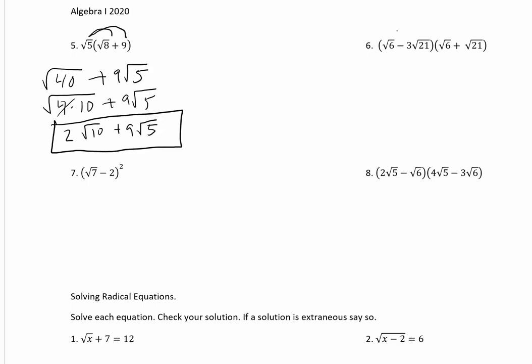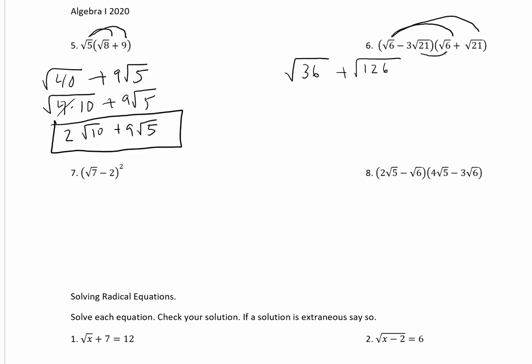All right, when we distribute this next one here, we're going to get rad 6 times rad 6, which is going to give us rad 36. Then we have to distribute 6 times rad 21. So we're going to get a positive rad 126.